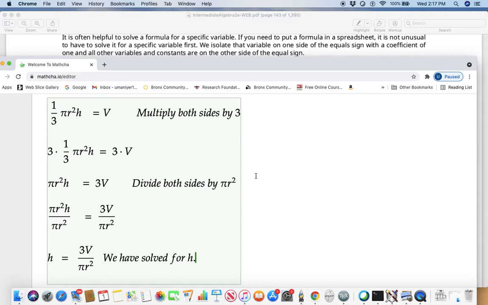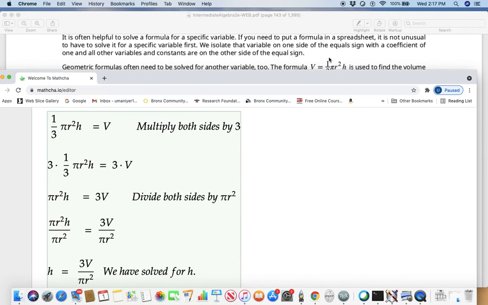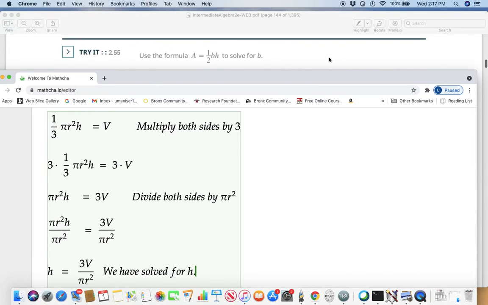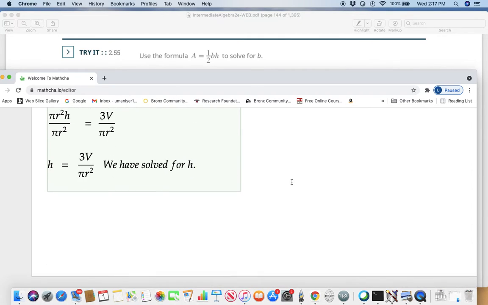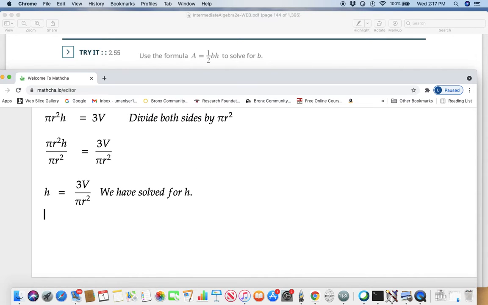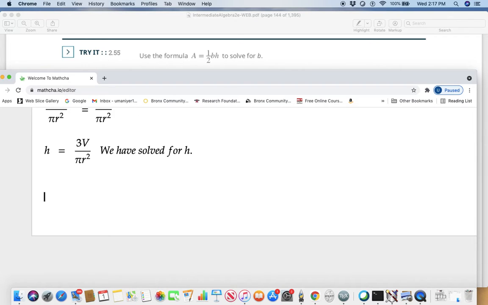In other words, you solve for one variable pretending the other variables are just numbers. Rules of solving continue to be the same. Let's try one more example. Solve for b using this formula, example 2.55.